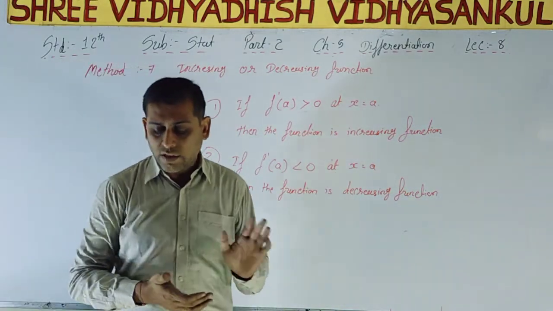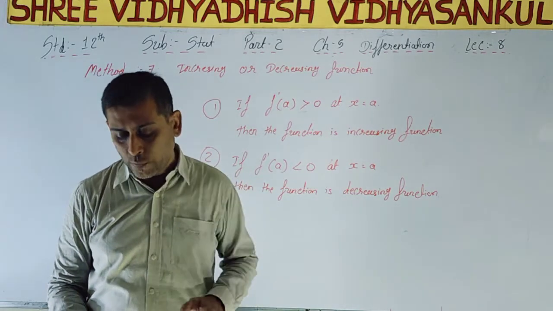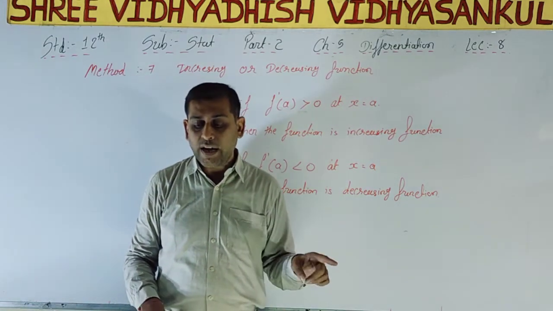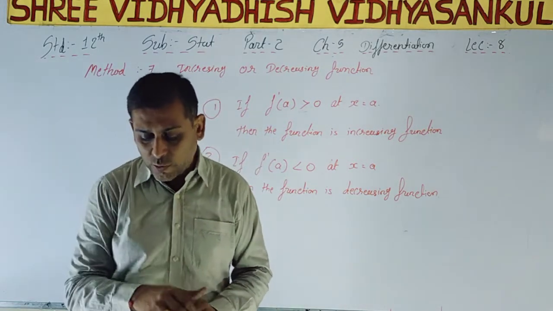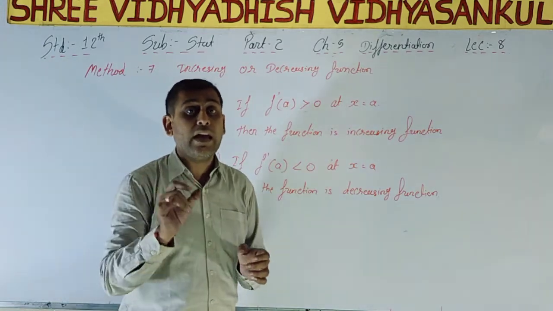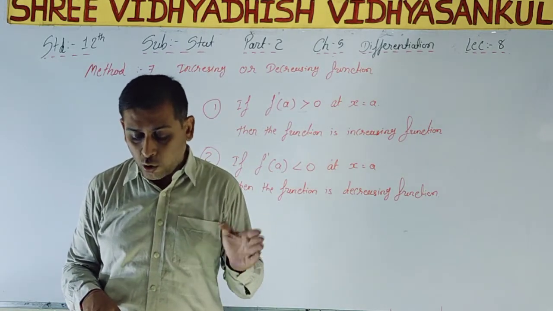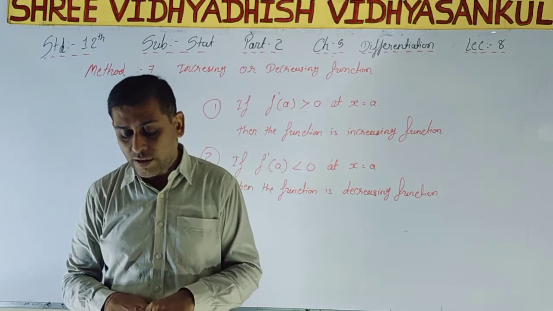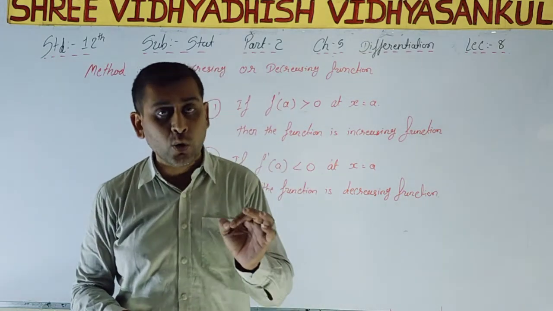I am reading the second one, decreasing function. In the adjacent figure, the curve of the function y is equal to f of x is drawn, and the value of the function at x is equal to a is y is equal to f of a. If h is a very small positive number and if f of a plus h is less than f of a, and also f of a is less than f of a minus h, then f of x is said to be a decreasing function at x is equal to a.